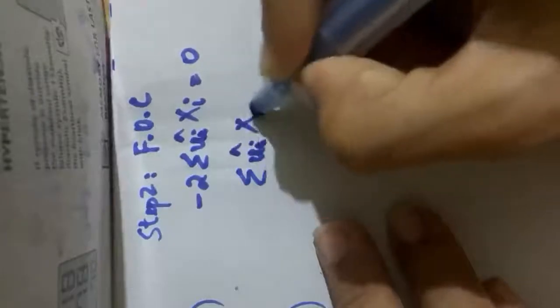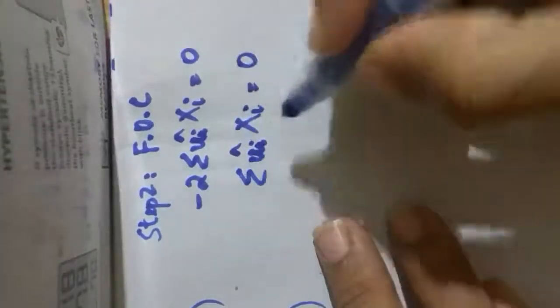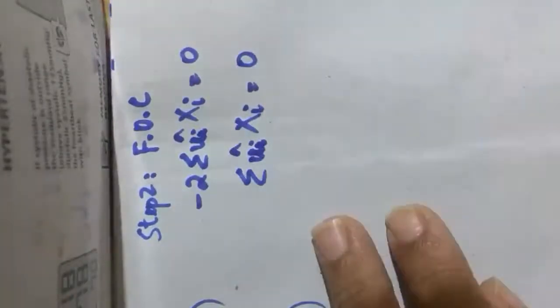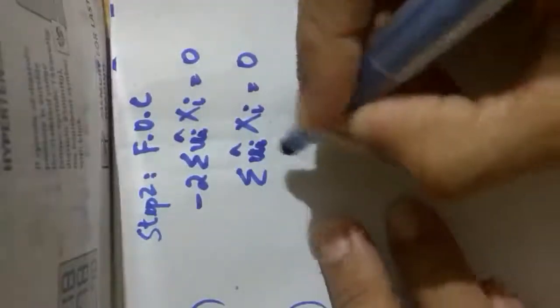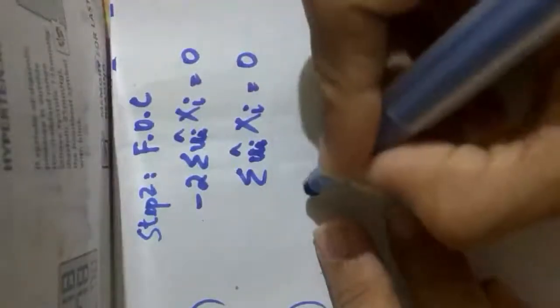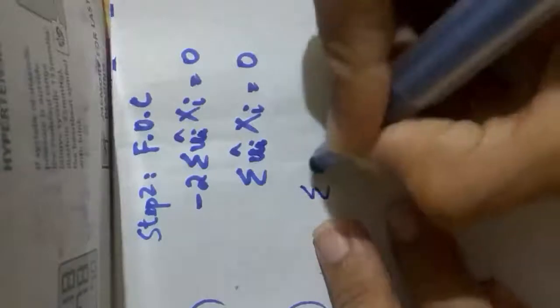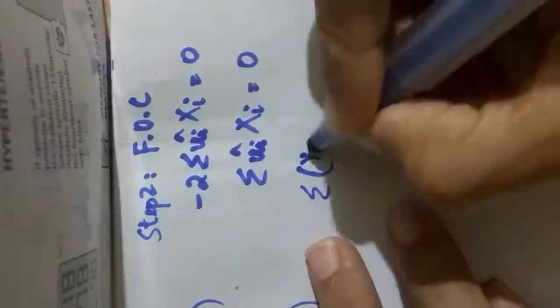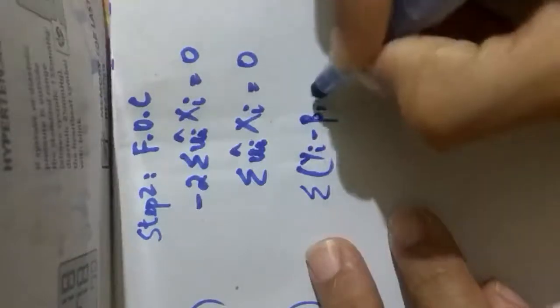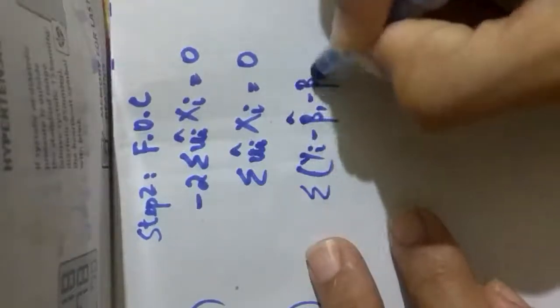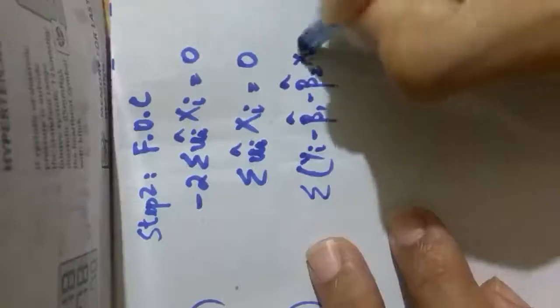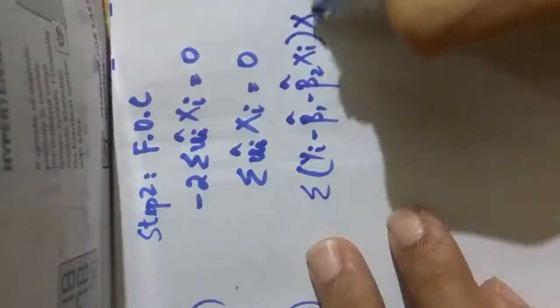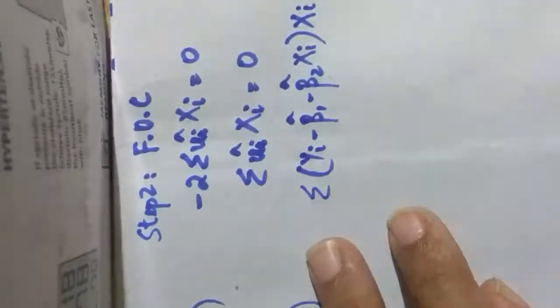That means I get summation ui hat xi equal to 0. Now I'm going to write the ui hat as summation yi minus beta 1 hat minus beta 2 hat xi into xi equal to 0.